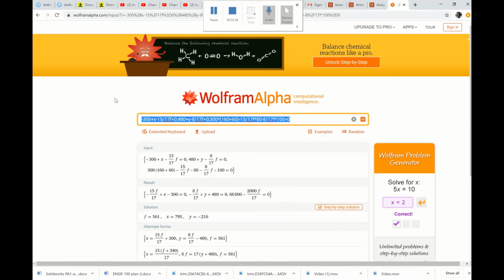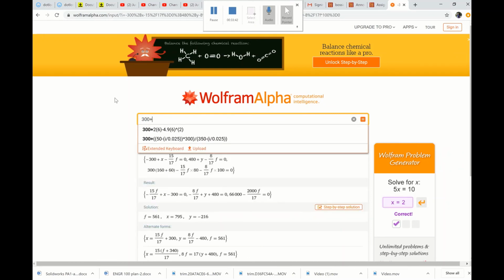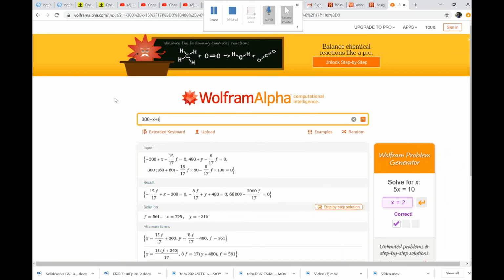So the first equation we have is 300 plus CX, plus 15 over 17 FDE, we'll just use small f. That equals 0. Then the next is our CY minus 480, then plus 8 over 17 FDE, that equals 0.